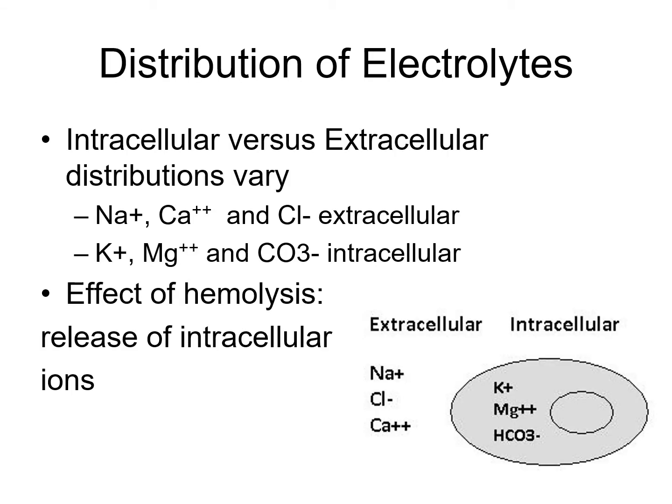Electrolytes are distributed both inside the cell and outside the cell. So the distribution actually varies. For example, there are more sodium, potassium, and chloride ions extracellularly, while there are more potassium, magnesium, and carbonate ions inside the cell.